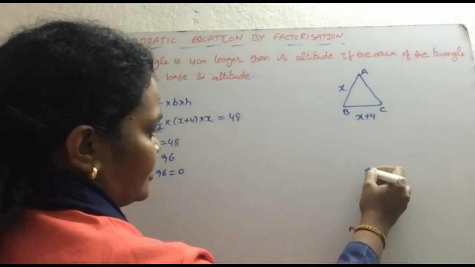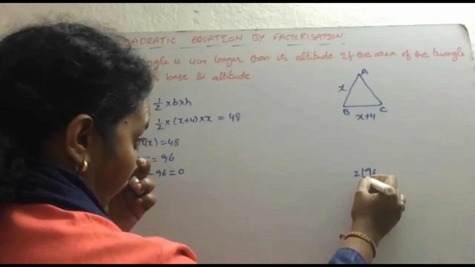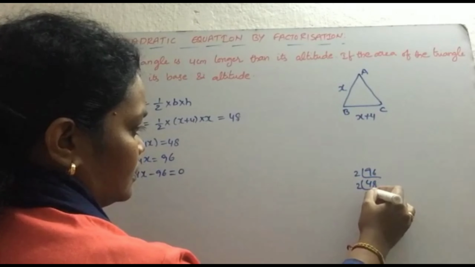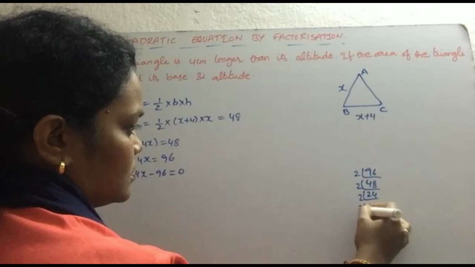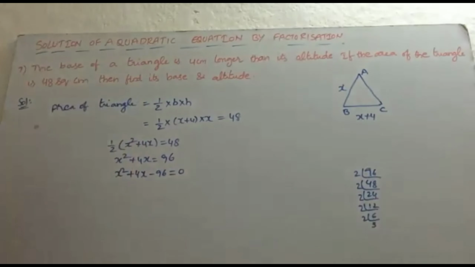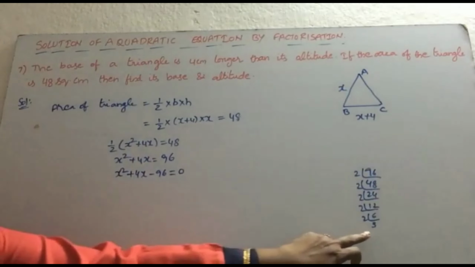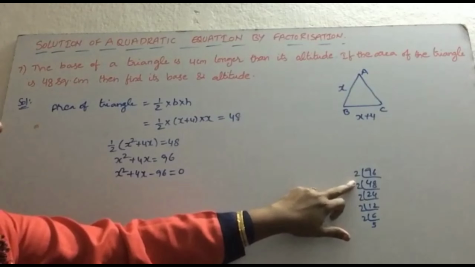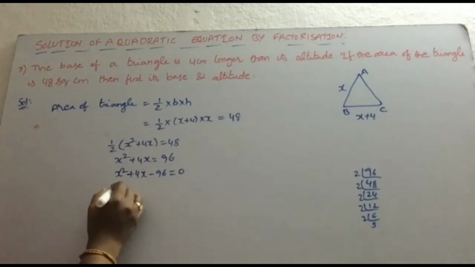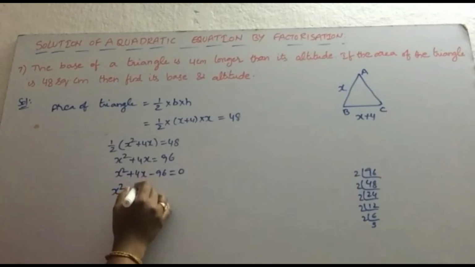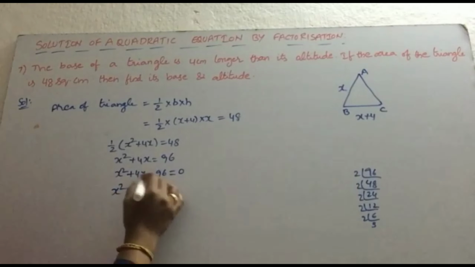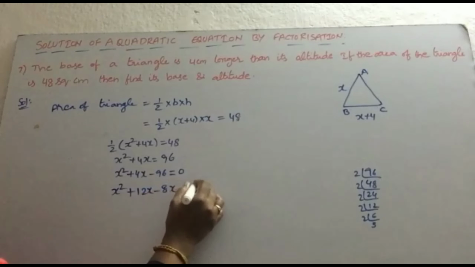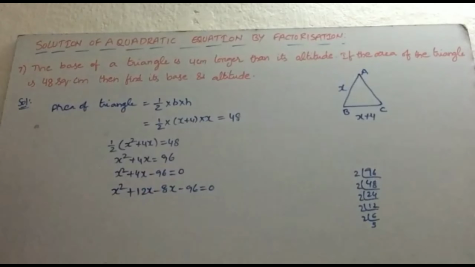Now we will find the factors of this quadratic equation easily. Factors of 96: 3 twos are 6, 6 twos are 12, and 2 twos are 4, 4 twos are 8. So x square plus 12x minus 8x minus 96 equal to 0.